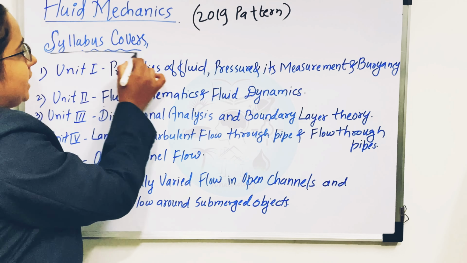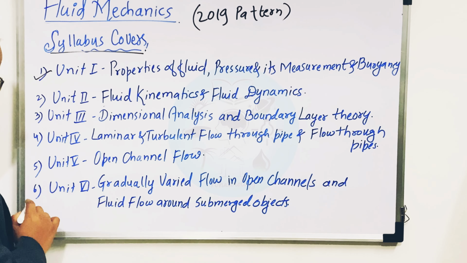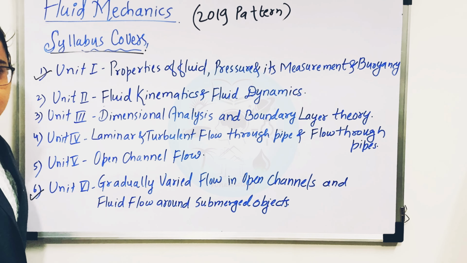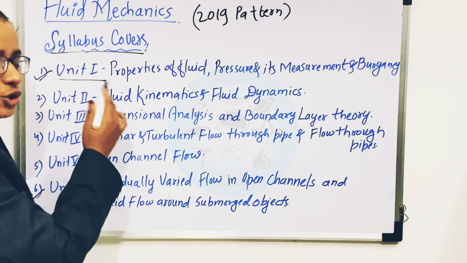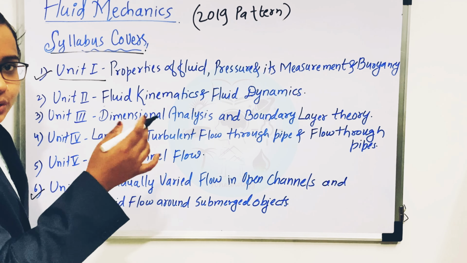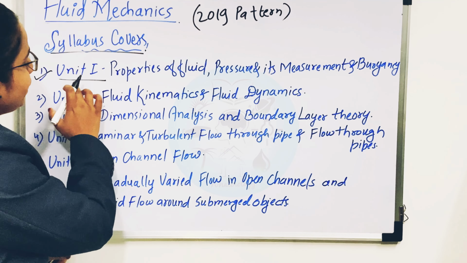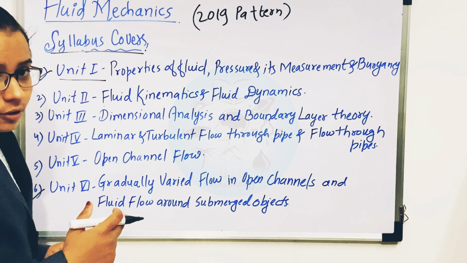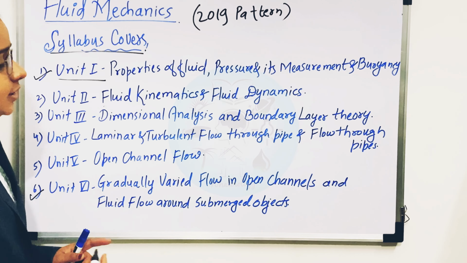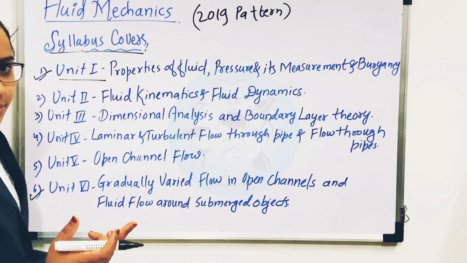Okay, so the syllabus covers basically 6 units, starting from unit number 1 to unit number 6. And each unit is further divided into 2 to 3 chapters. For example, unit number 1. In unit number 1, the first and foremost important topic of the whole fluid mechanics is the properties of fluid. That will be treated as chapter number 1.